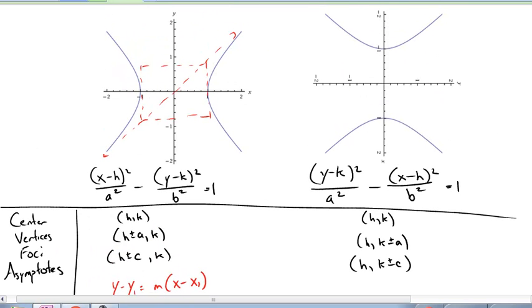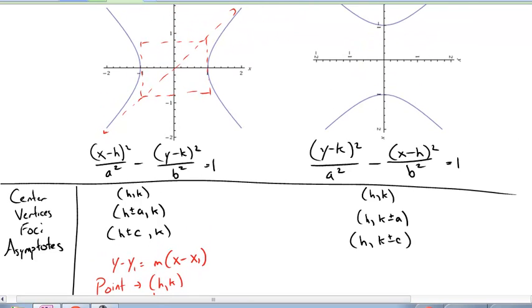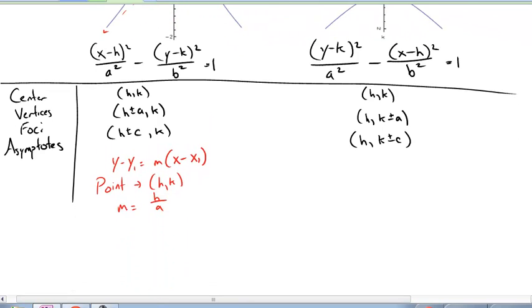But there's two of them, right? And the other one is negative b over a. I'm still going to go up the same amount, but I'm going to go left a instead. So the slope is really plus or minus b over a. So the asymptotes are of the form y minus k equals plus or minus b over a times x minus h.